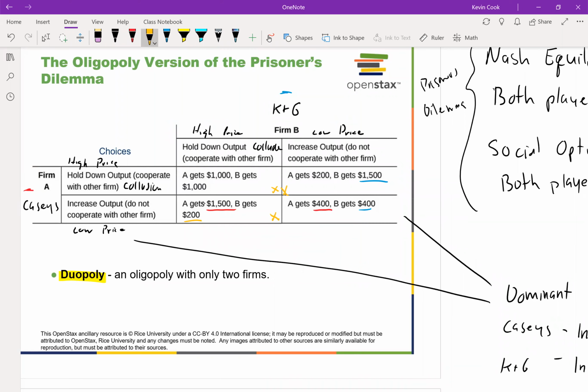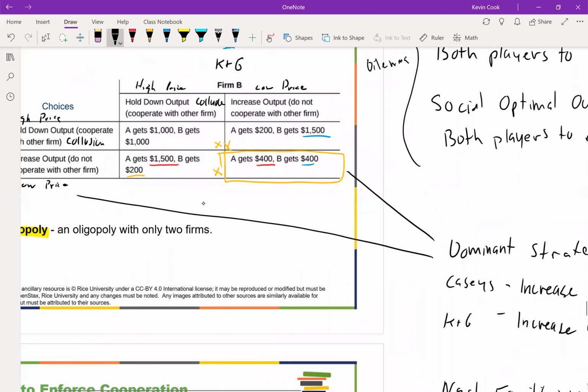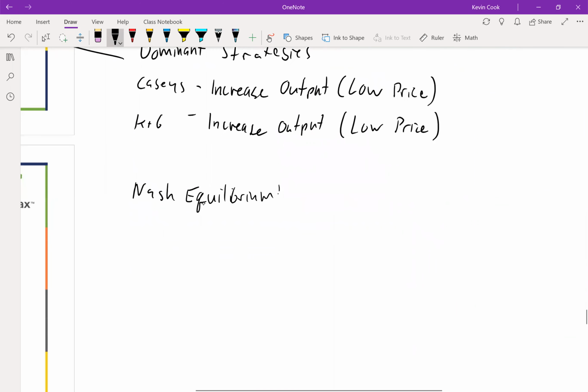Same thing with top right-hand, Casey's can become better off. But in this bottom right-hand box, just like before, if Casey's decides to switch, they lose $200. And if Come and Go decides to switch, they also lose $200. So our Nash equilibrium in this case, just like our standard prisoner's dilemma, will be when both firms compete and charge a low price.